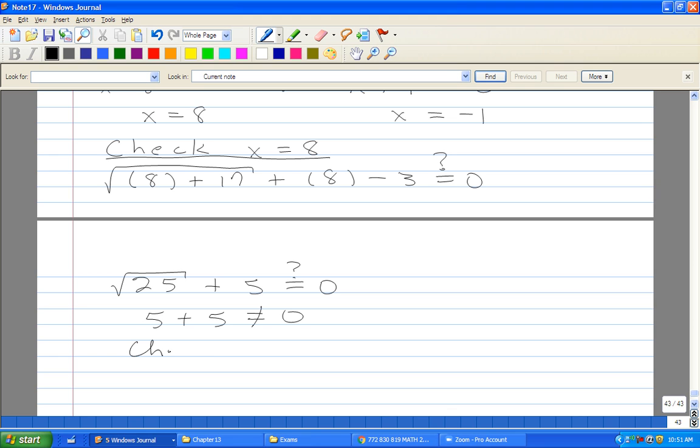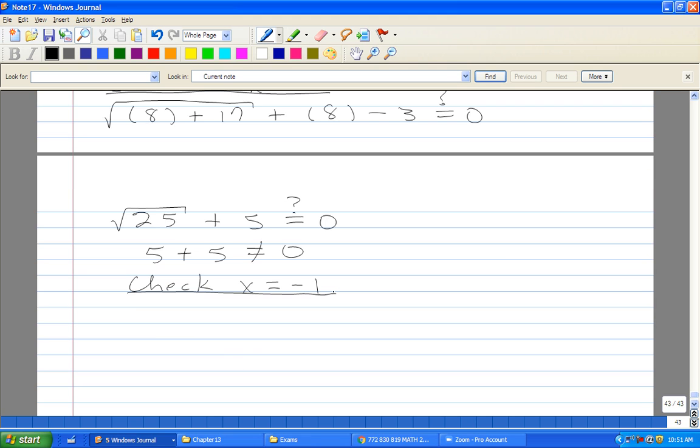So now let's check if x equaling negative 1 is a solution. And so, negative 1 plus 17 radical plus negative 1 minus 3, is that equal to 0?